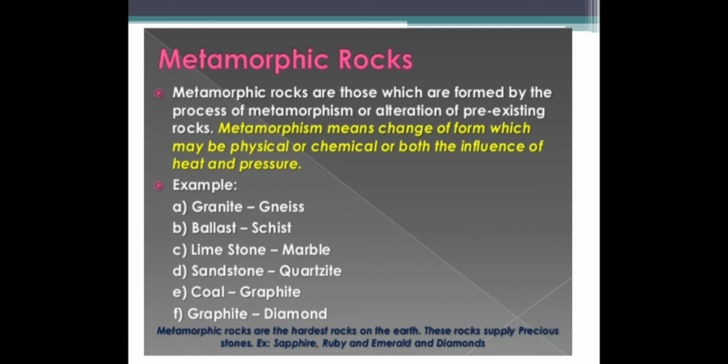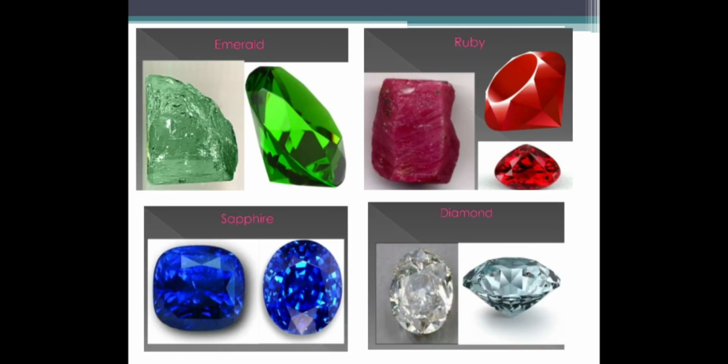I will show you the picture of these precious stones. You can see the picture of emerald, ruby, sapphire and diamond. So emerald is green, ruby is reddish, sapphire is blue, diamonds are white.